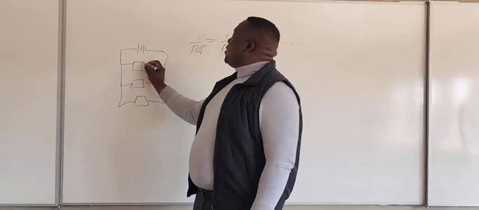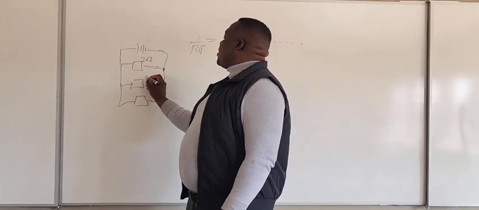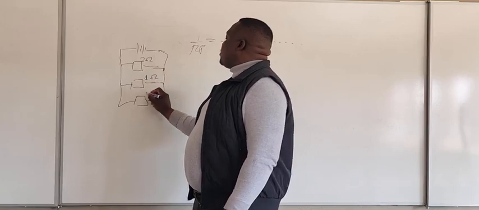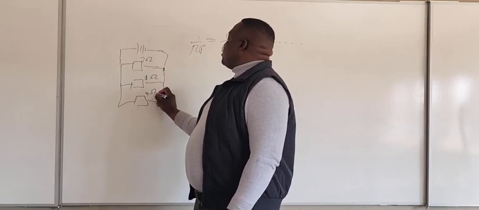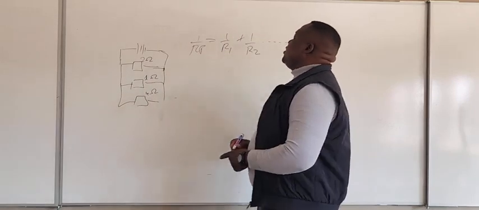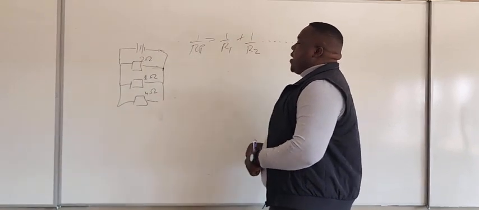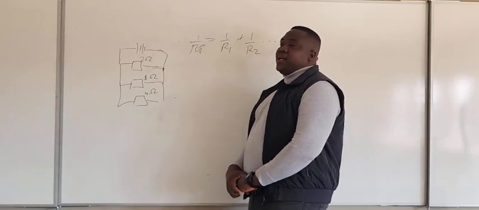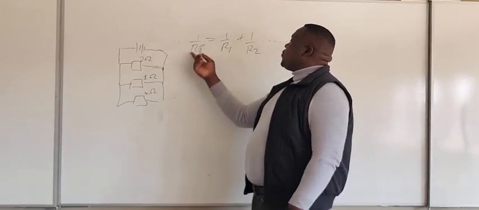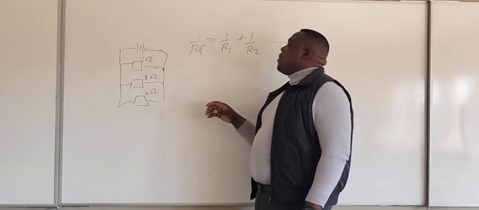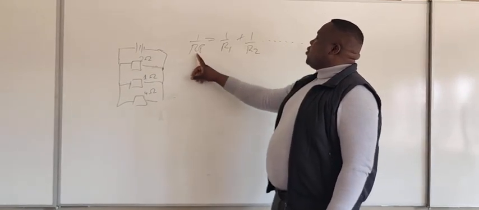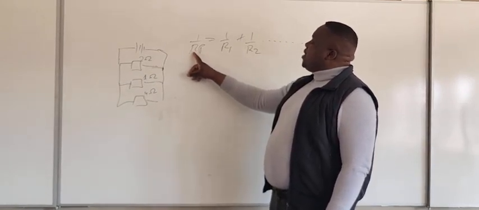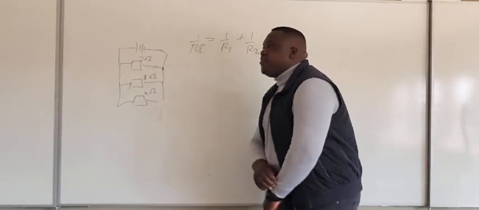This one has got 2 ohms, this one has got 1 ohm, this one has got 4 ohms. So since these resistors are parallel, if we want to calculate for RP, we will use this formula whereby we will still need to make RP the subject of our formula.